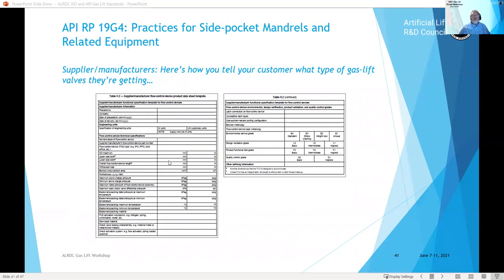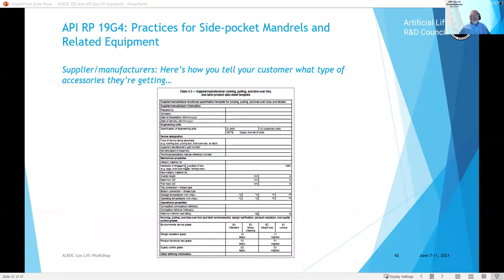Same story for the valves. This is a detailed list of the characteristics that the supplier manufacturer should be reporting to the user purchaser, and also on the 19G3 equipment for running, pulling, kickover tools, and latches accessories.